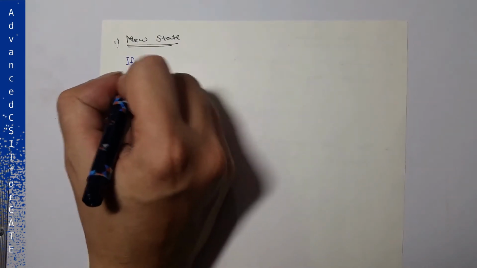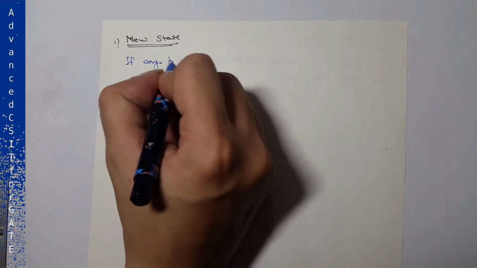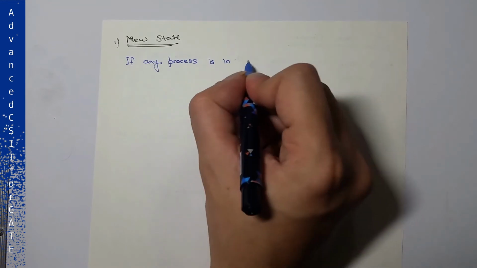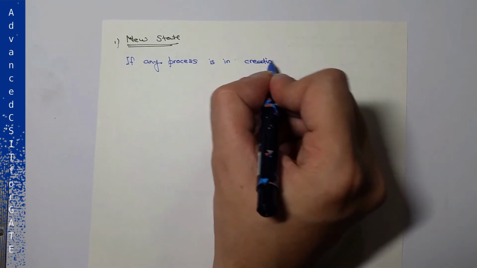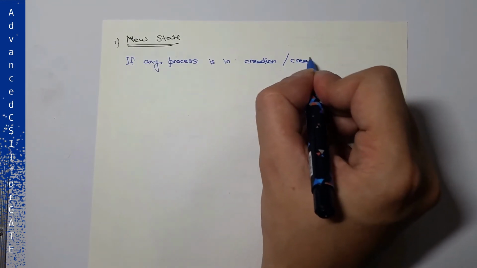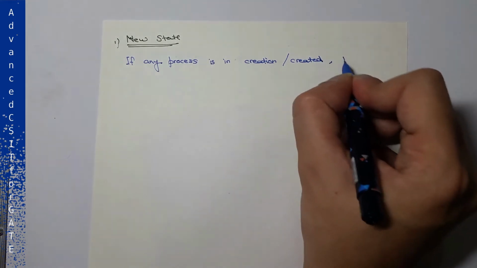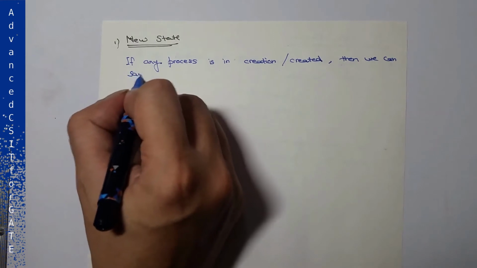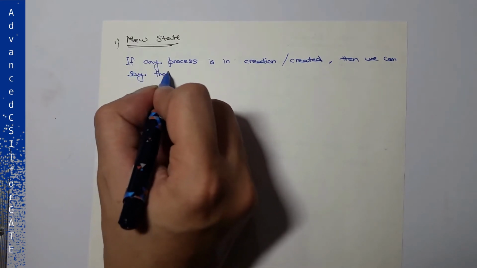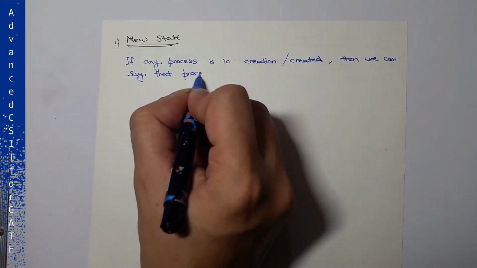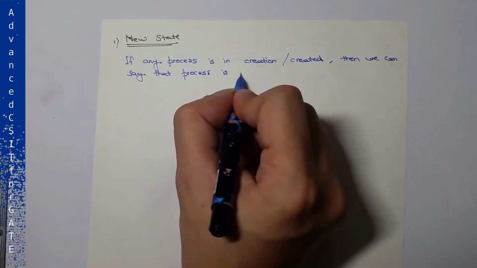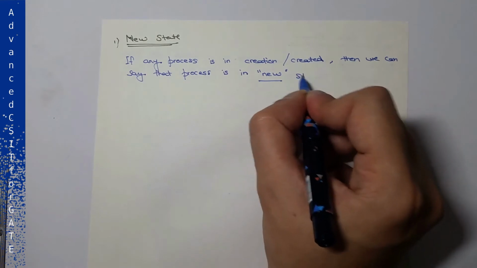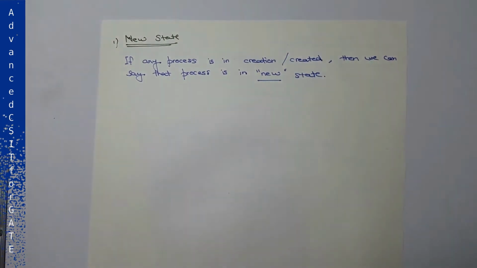So we'll write: if any process is in creation or has been created, then we can say that the process is in new state. That's all about new state.